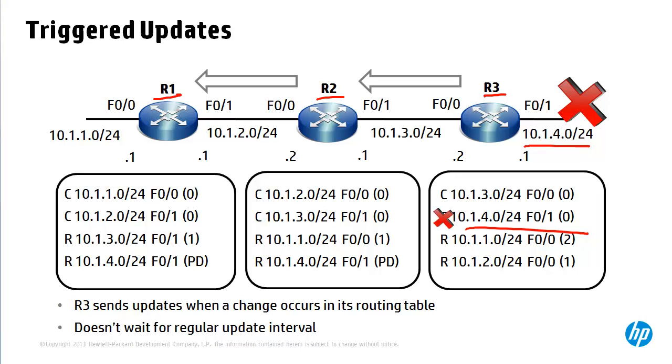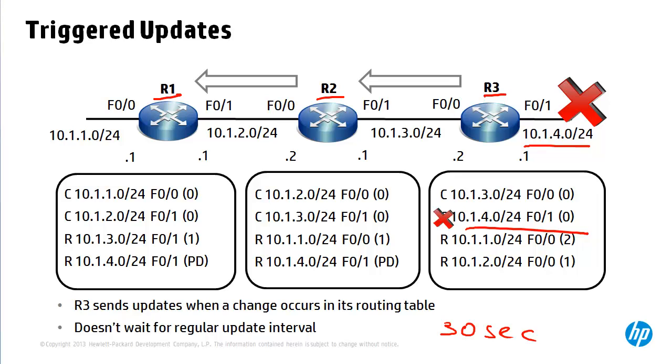So triggered updates, also known as flash updates, are sent immediately rather than waiting for the standard interval, which on RIP is 30 seconds, to send updates when there's a change in the topology. So these triggered updates or flash updates are sent immediately and cascade throughout the network without waiting for the update timer to expire.